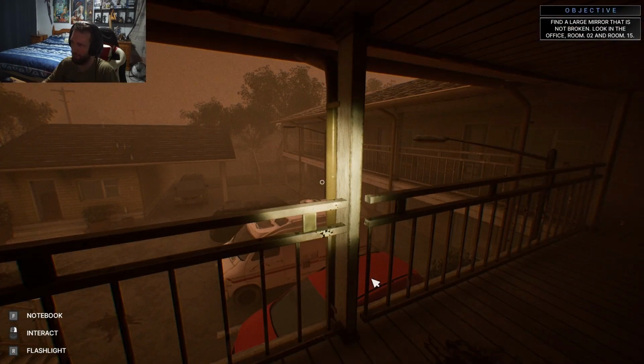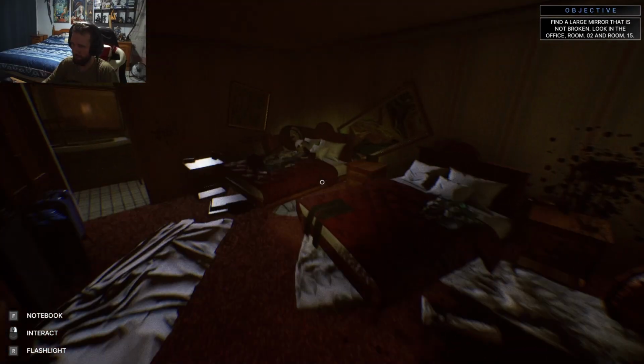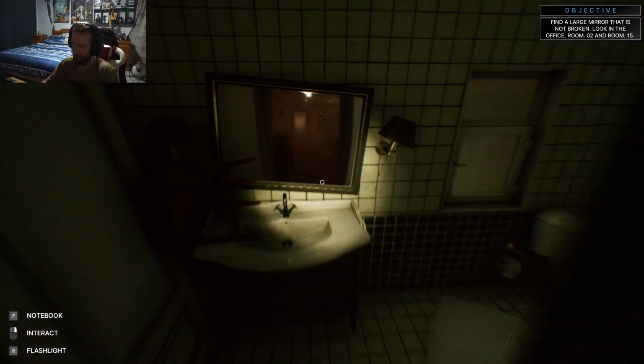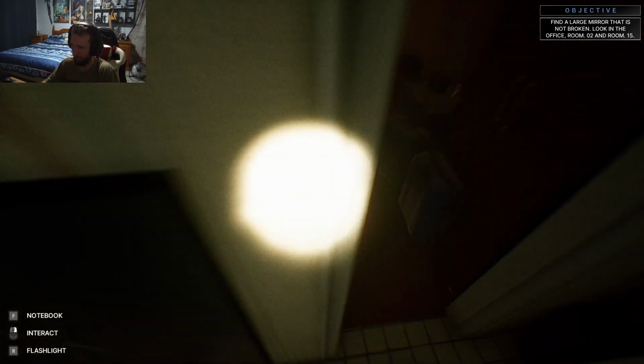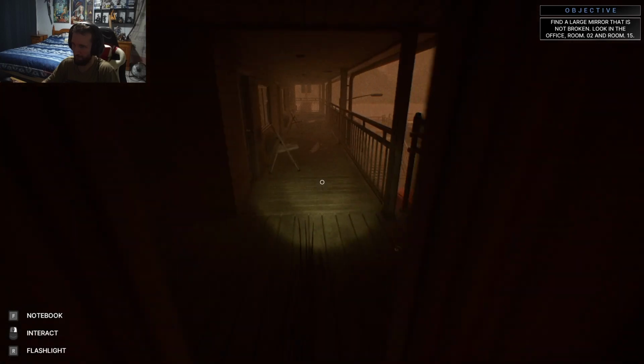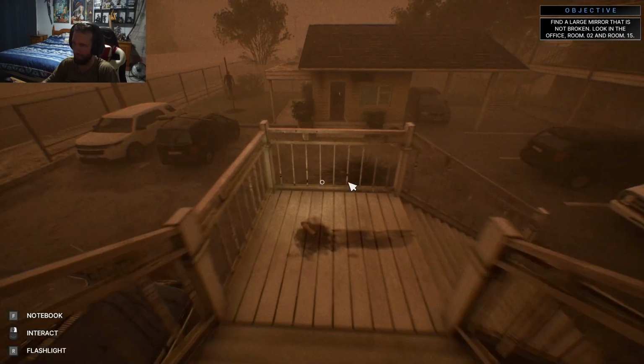Okay, find a large mirror, not working. That mirror is so small, that mirror is broken. Dude, I don't want to be out here, dude.